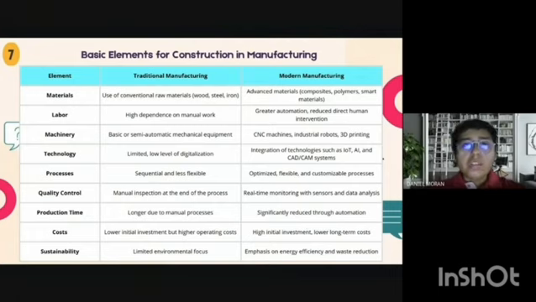Furthermore, technology is no longer limited. It integrates IoT, AI, and CAD/CAM systems. This shift allows us to move from manual inspections at the end of the line to real-time quality control monitoring with sensors.